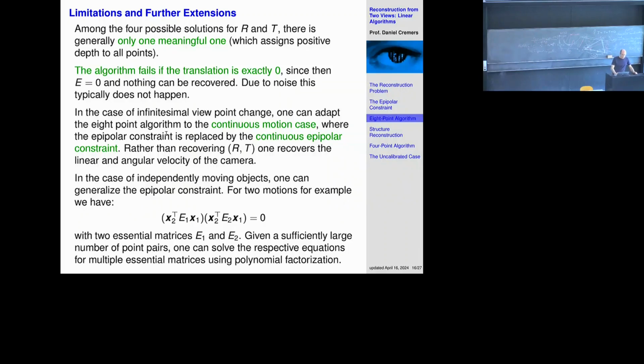One thing to mention is in the book of Ma Soato that I used as a basis for this class, at least for the first half of this class, there is also a version of the 8-point algorithm designed for infinitesimal motions, right? We talked about this whole idea of modeling rotation and translation infinitesimally.